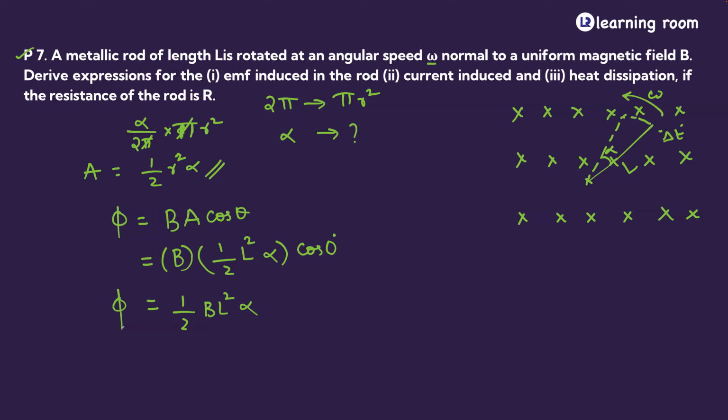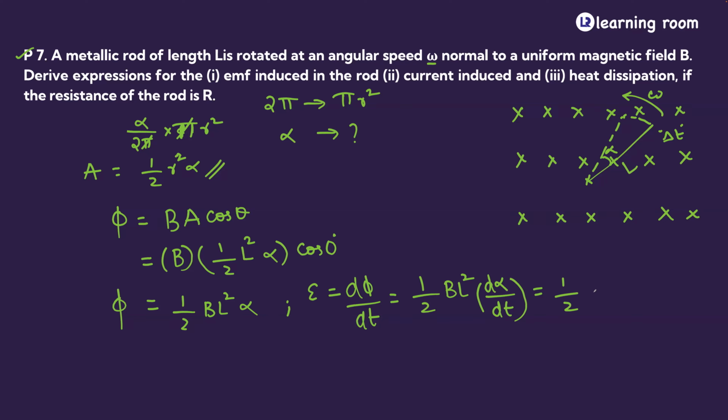But what do we need to find? We don't need the flux, we need the EMF. So we know that EMF is equal to d phi by dt, or this is also going to be equal to half of B L square into d alpha by dt. So what is the rate of change of angular displacement? That is called as angular velocity, which I will write as omega.